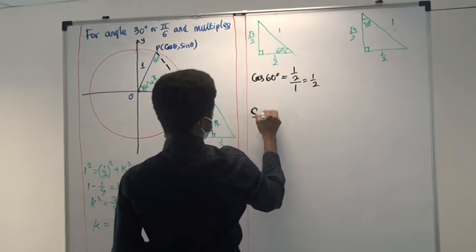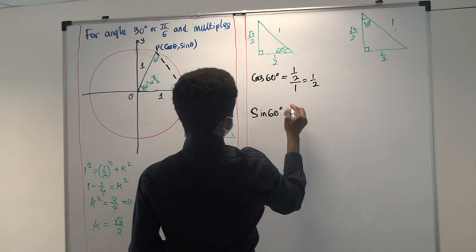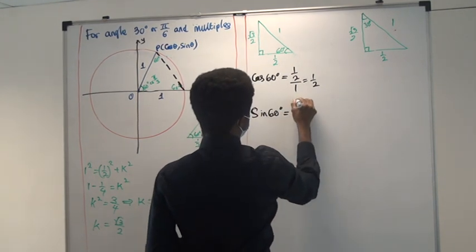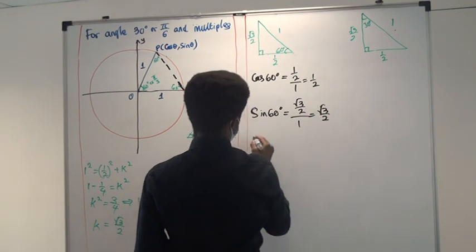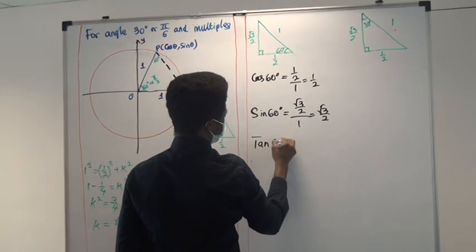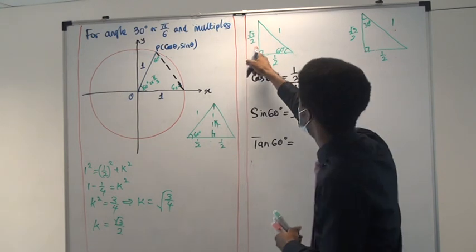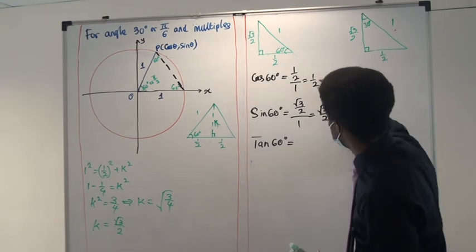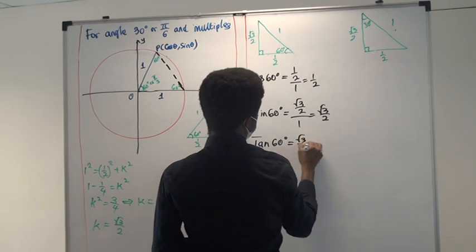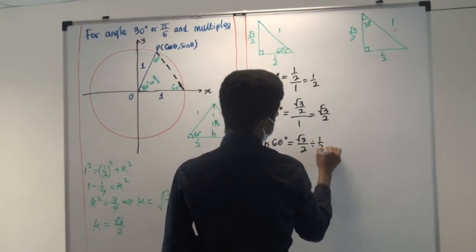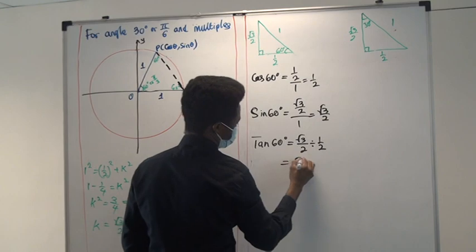Sine 60 is what? Root 3 over 2 divided by 1, which is root 3 over 2. Tan 60, we can look at it also from the picture. This divided by this. So that's going to be root 3 over 2 divided by 1 over 2. So we can say root 3 over 2.